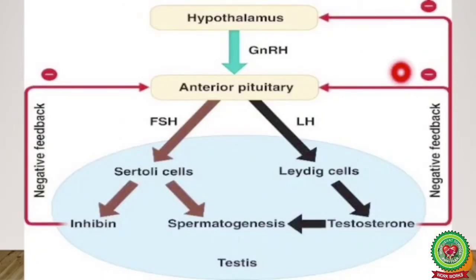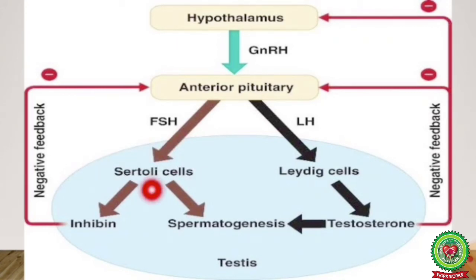This image shows the hormonal control of spermatogenesis. The hypothalamus produces gonadotropin releasing hormone, which stimulates the anterior pituitary to produce two tropic hormones. First one LH and second one FSH. LH or luteinizing hormone stimulates Leydig cells to produce the hormone testosterone, which is essential for the process of spermatogenesis. FSH or follicle stimulating hormone stimulates Sertoli cells.